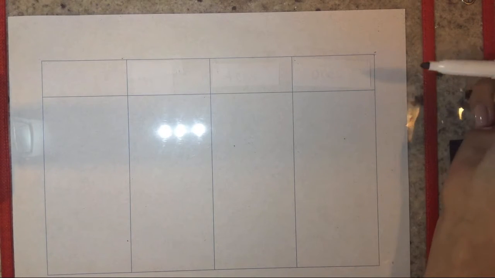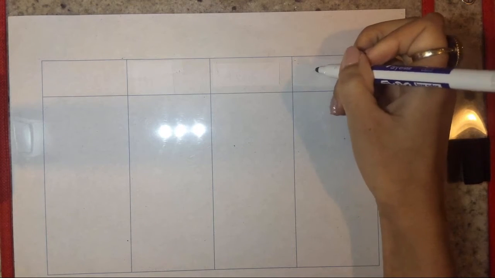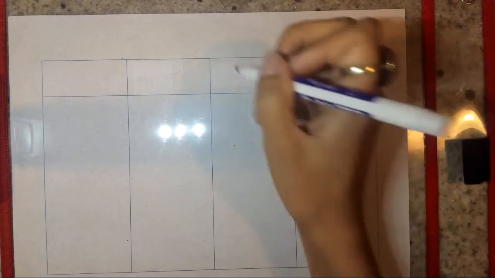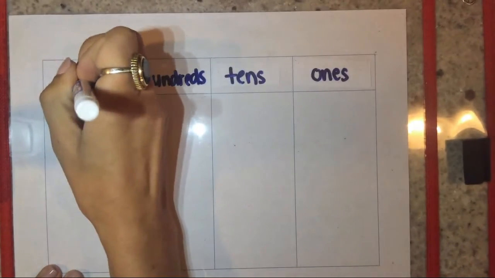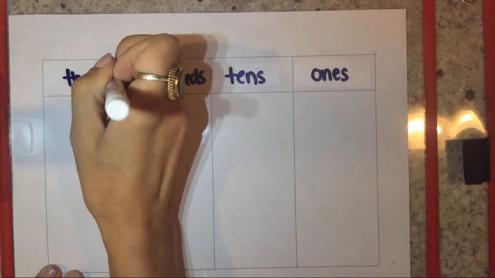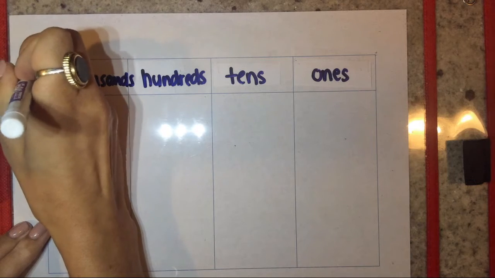We have our lovely chart right here. We're going to label it ones, tens, hundreds, thousands, and over here I'm going to squeeze in 10,000s.